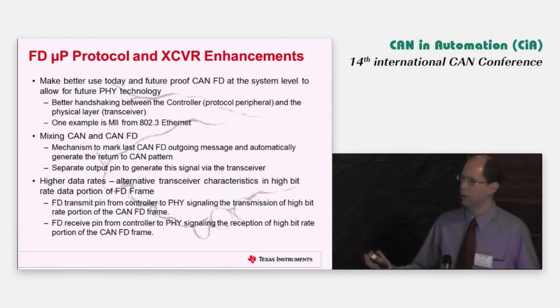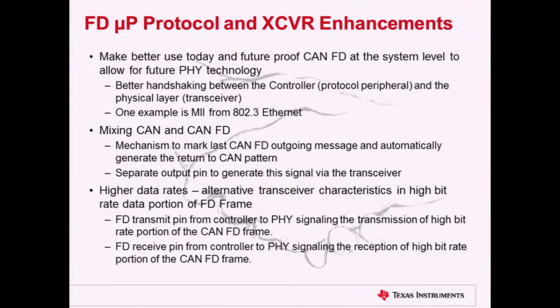So what we view with all of this, as we're in the middle of this standardization process, John and I come from the transceiver side of the world, and to be forward-looking and future-proofing for CAN FD and longer-term physical layer capabilities, we'd like to see some better handshaking between the controller and the transceiver.